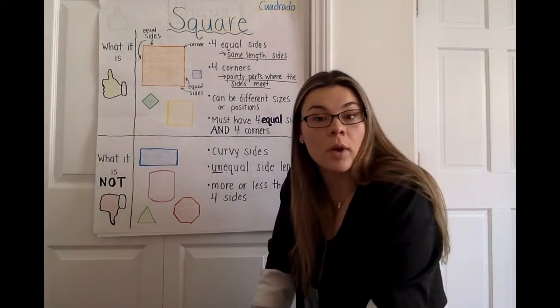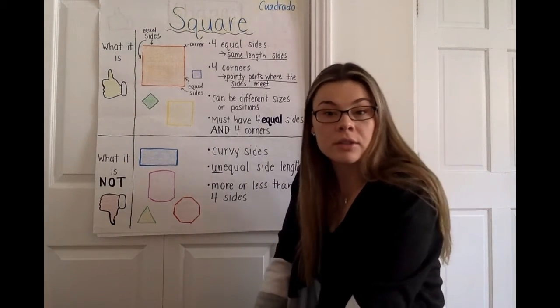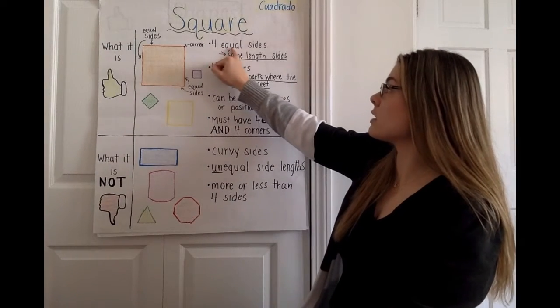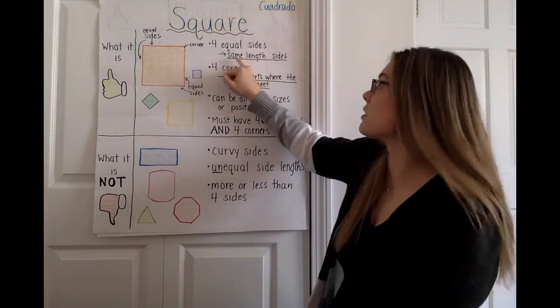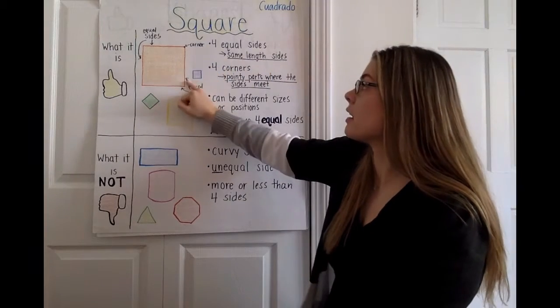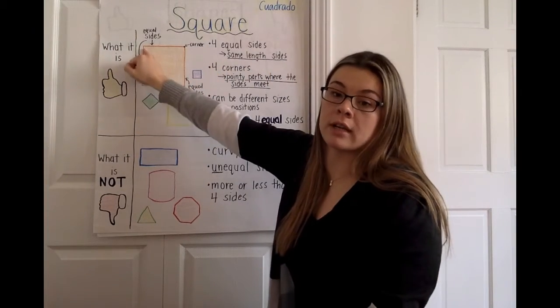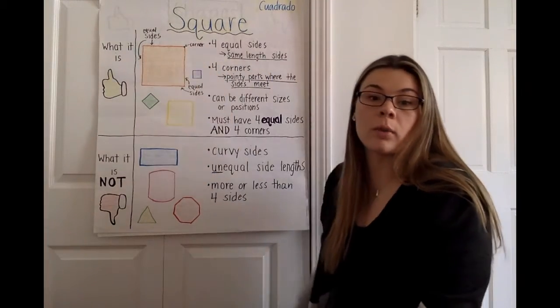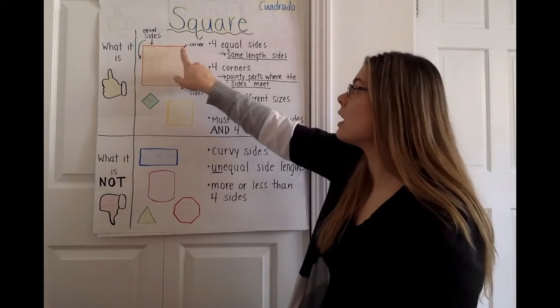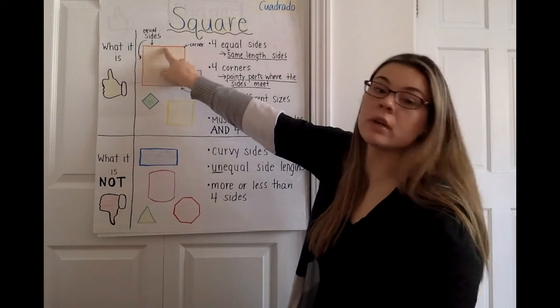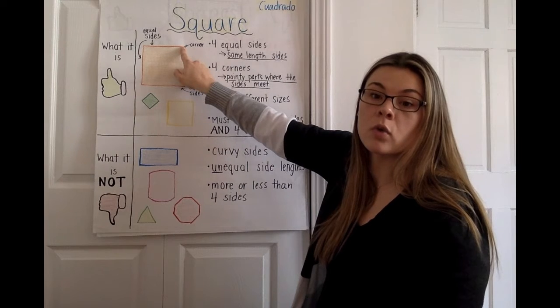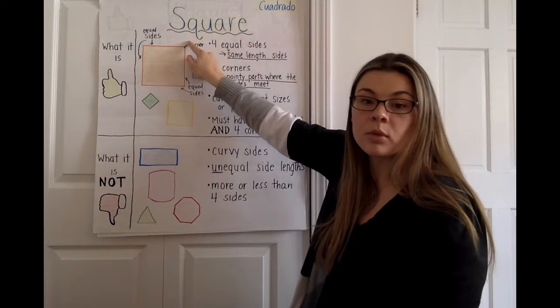Great, a square has 4 sides, and we learned that the 4 sides are equal length, so that means they're the same length, and that the sides are all straight. They are not curvy or wavy. We also learned about the corners, so where the sides meet each other are called the corners or vertices, the pointy parts.